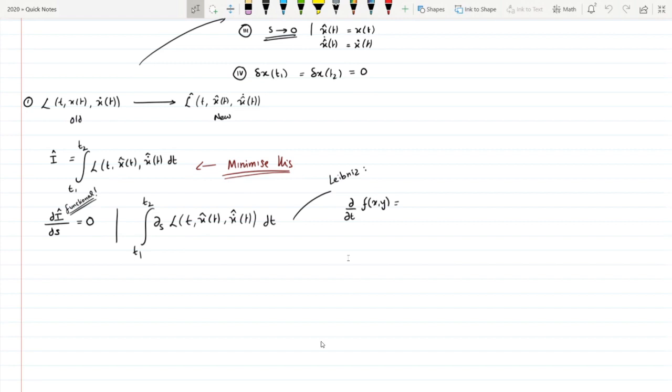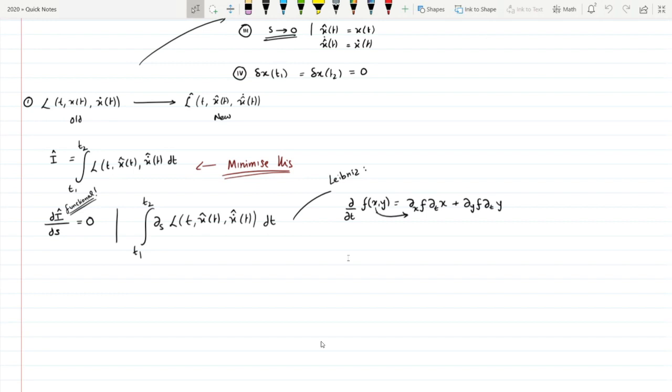The rule is as follows. D by dt of some function of x and y is you take the first input into the function. Is everyone clear on what this is? All I've done is written out a rule for finding the derivative of a function.